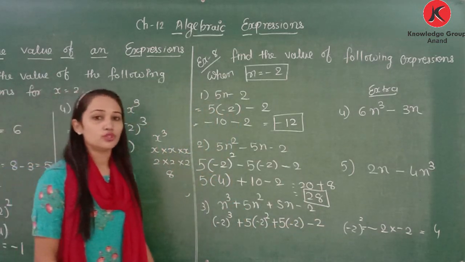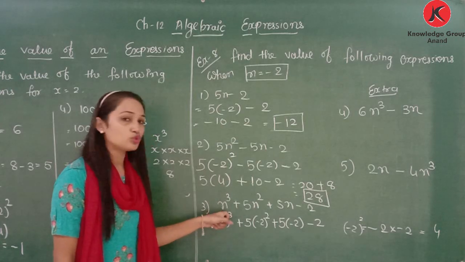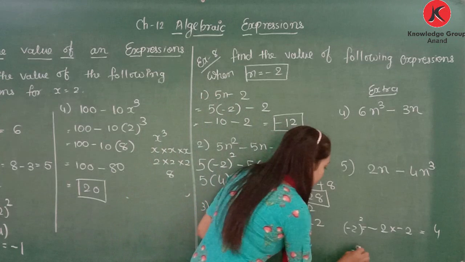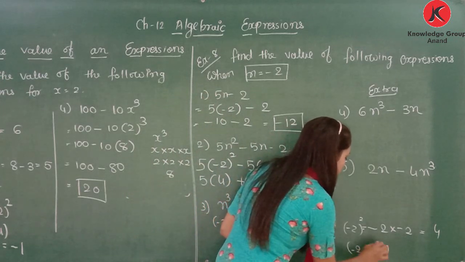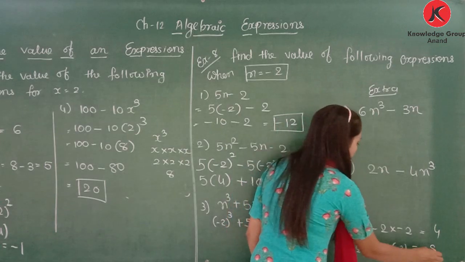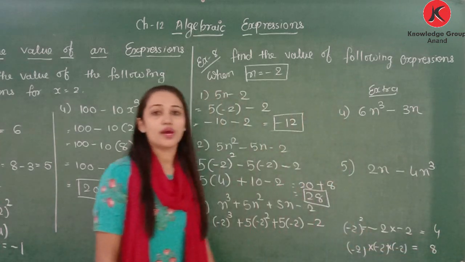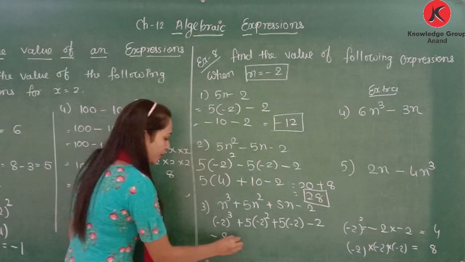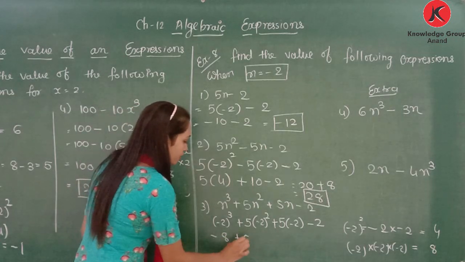Instead of n you need to write minus 2. Now minus 2 cube means what? Multiply minus 2 3 times. So we can write minus 2 multiply minus 2 multiply minus 2, 3 times, 2 2s are 4, 2 4s are 8. Now 3 negative signs, so answer is negative, so answer is minus 8.